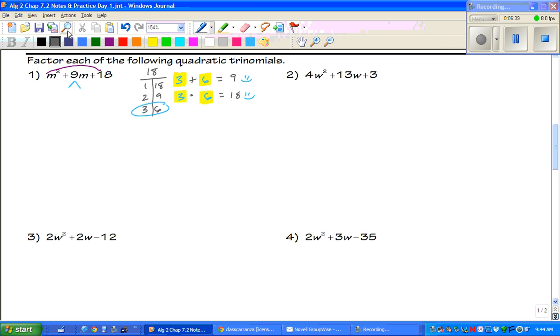So that's what we're going to split the middle term into. So m squared plus 3m plus 6m plus 18. Draw the line down the middle and pull out the GCF of each one. So we get an m, and back here we can pull out a positive 6.